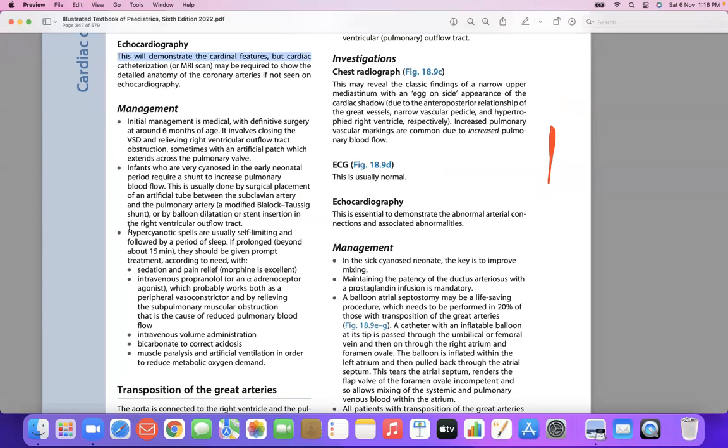Now, another important management in these children we should know is the hypercyanotic spells. Hypercyanotic spells are usually self-limiting and followed by a period of sleep.